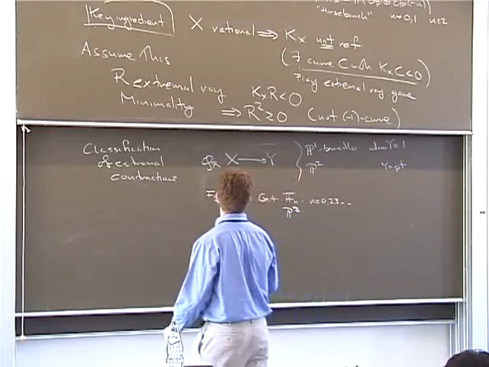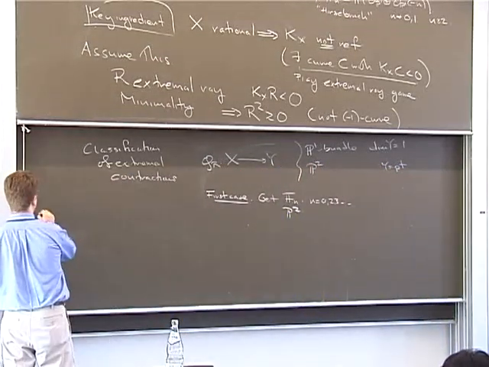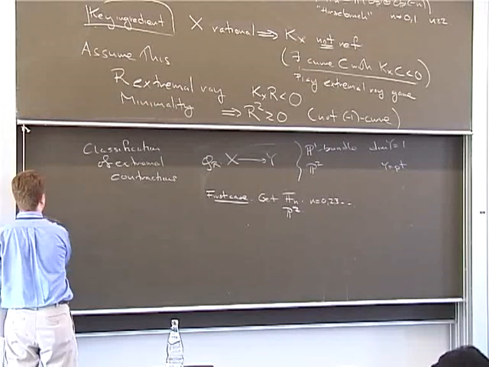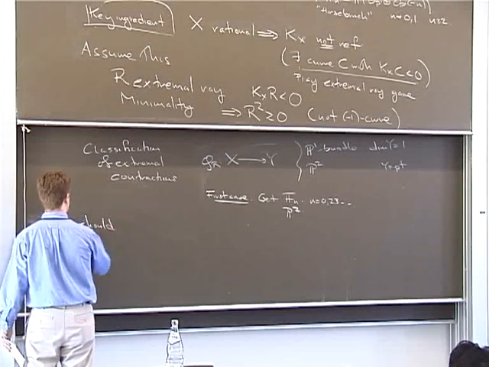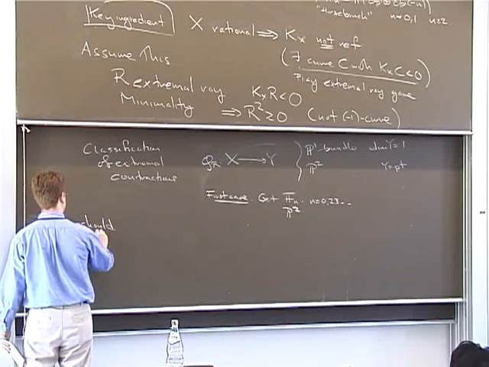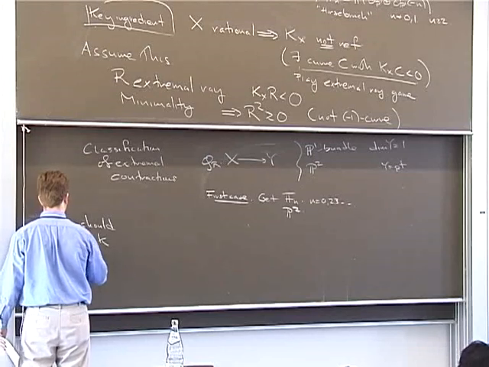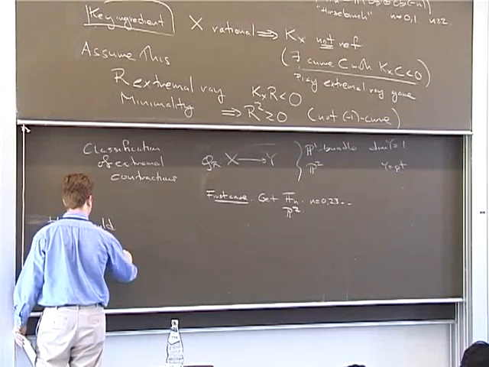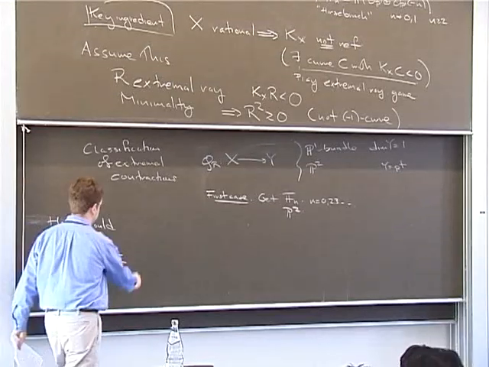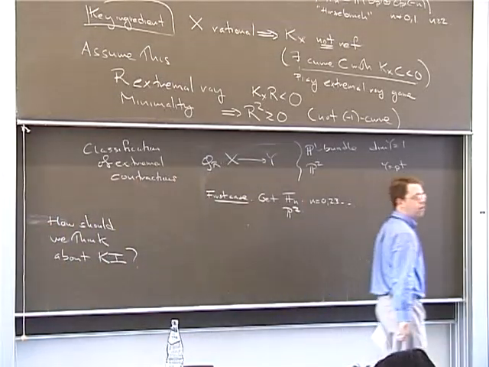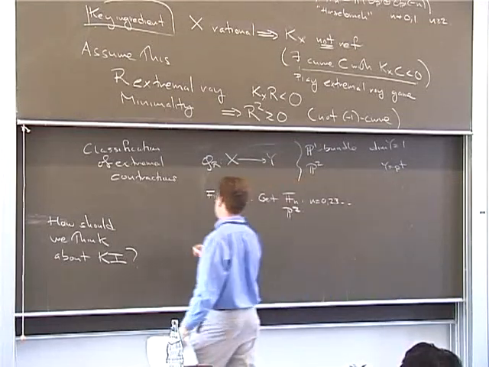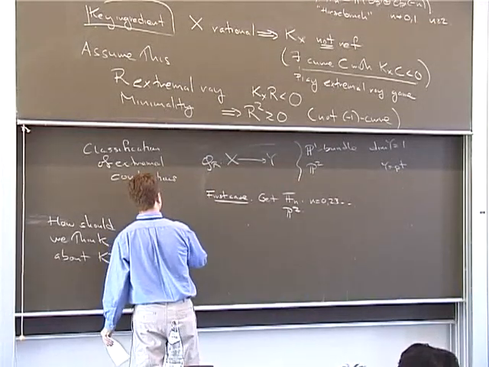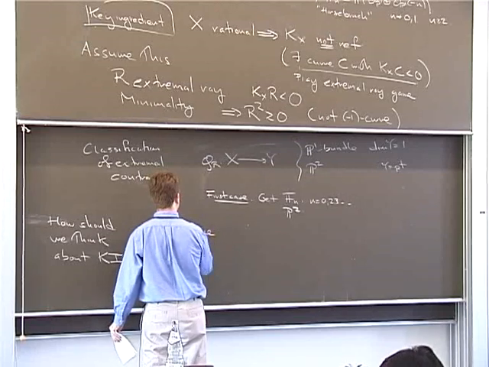So let me come back to the key ingredient now. How should we think about the key ingredient? So I really mean this sort of rhetorically. So the real key, necessary concept behind this is abundance.